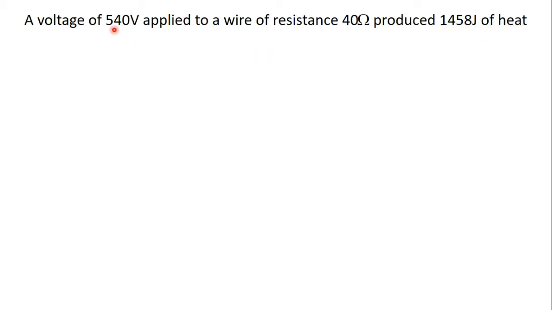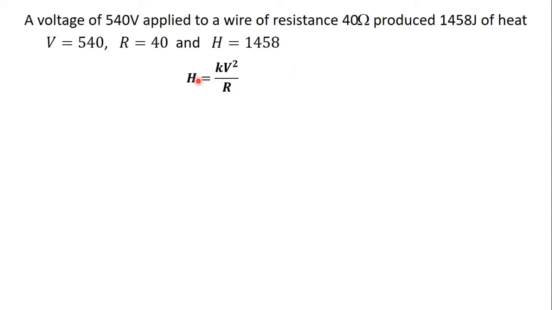That means that when the voltage is 540 and the resistance is 40, the heat produced is 1458. Meaning that if V is equal to 540 and R is equal to 40, then H is equal to 1458.